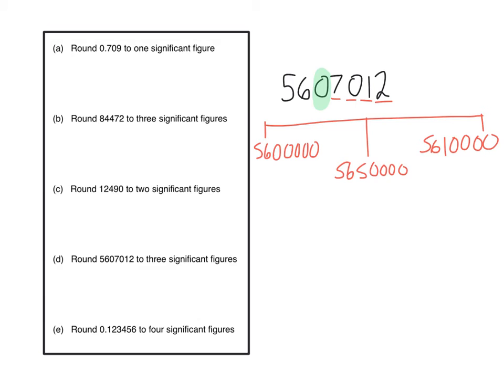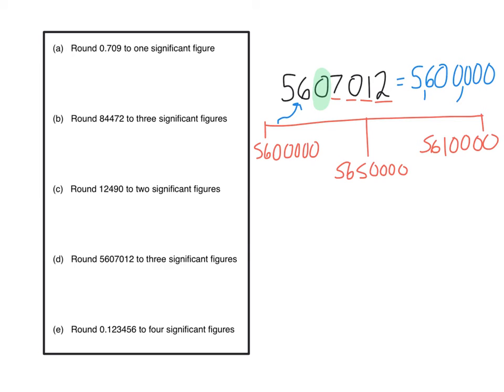So now I'm thinking, where does this number belong? 5, 6, 0, 7, 0, 1, 2 is actually way down here. So it would be rounding down to 5, 6, 0, 0, 0, 0, 0. So that's 5,600,000.